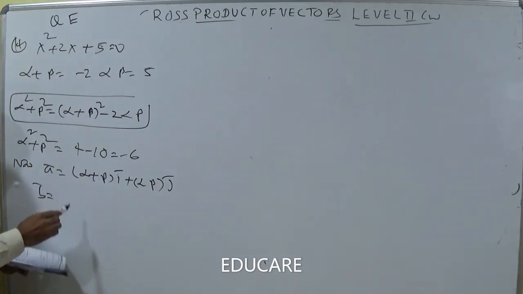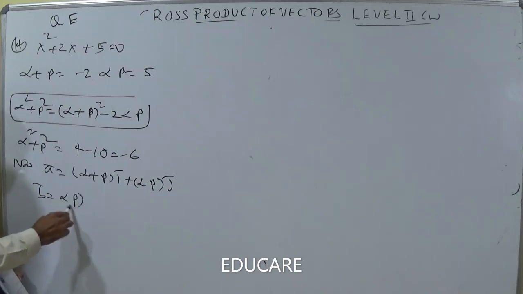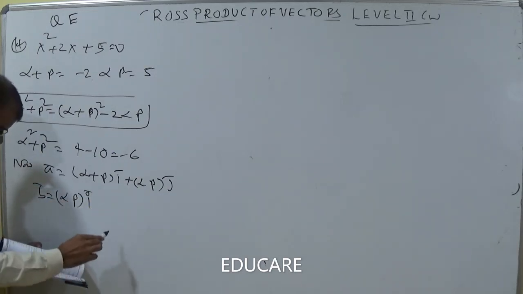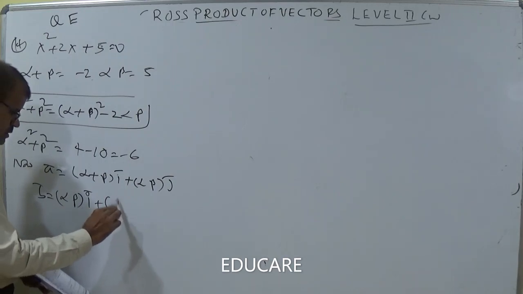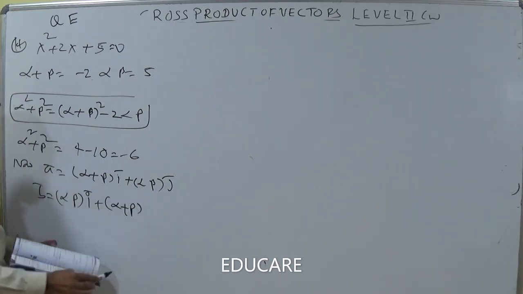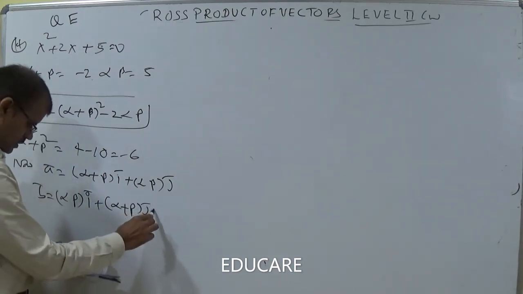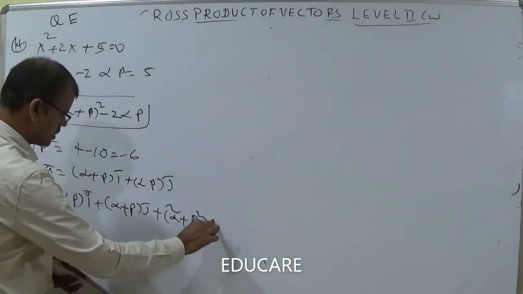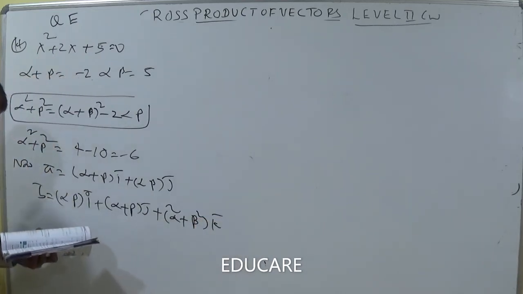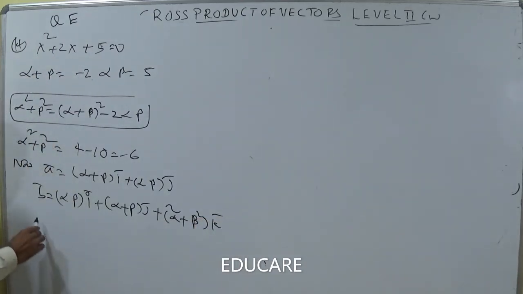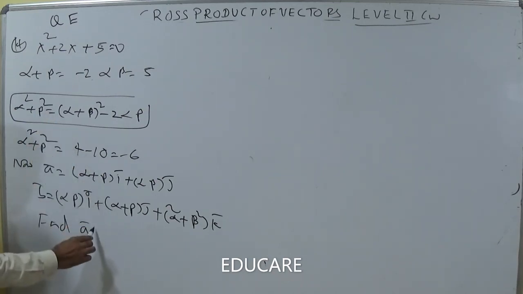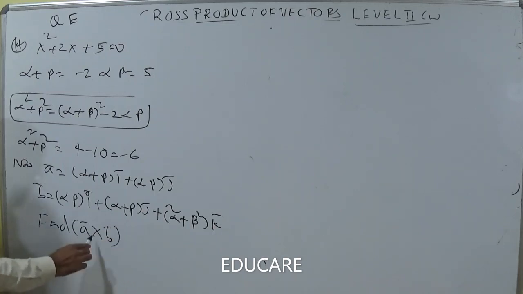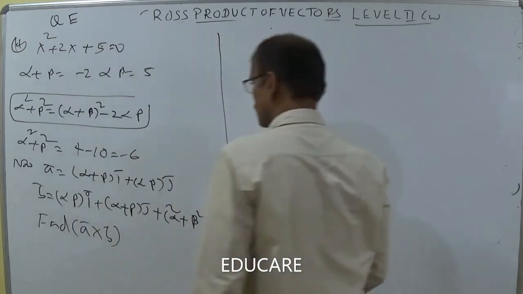Next, the vector b bar he has given as alpha beta into i bar plus alpha plus beta into j bar plus alpha square plus beta square into k bar. Now you should calculate a cross b. From the quadratic equation we should get the data, and using a bar and b bar we should calculate the value of a bar cross b bar.